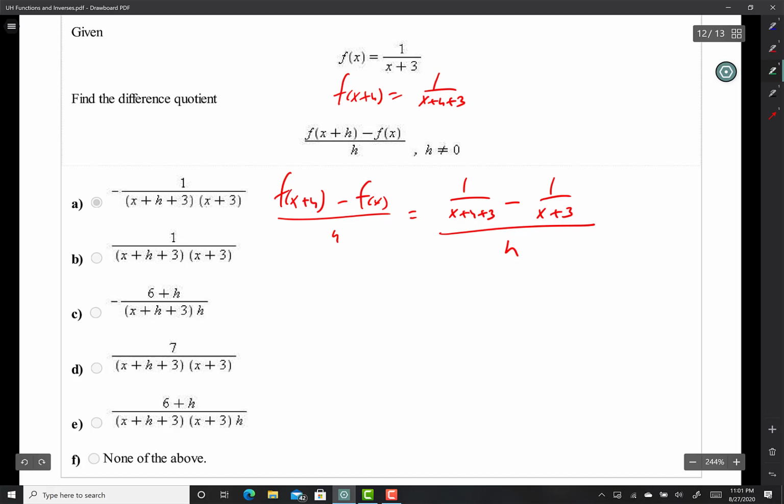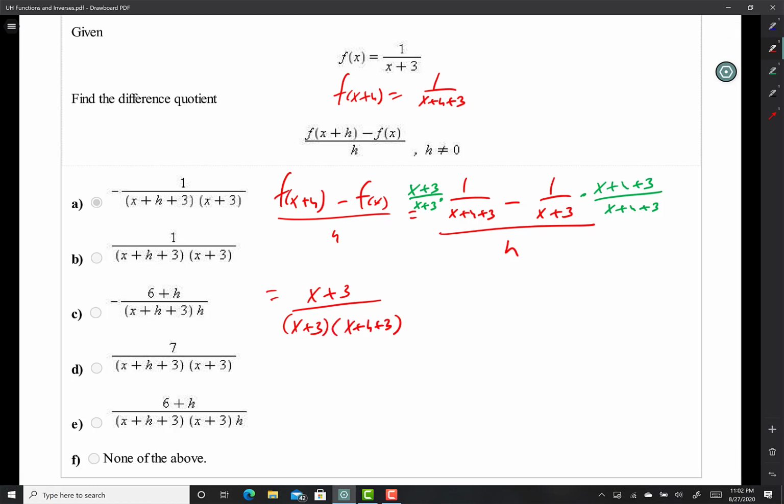I need to find a common denominator in my numerator, if that makes sense. So I'm going to multiply this one right here by x plus h plus 3 over x plus h plus 3. I'll multiply this left term over here by x plus 3 over x plus 3. When you do that, you're going to get x plus 3 over (x plus 3)(x plus h plus 3).